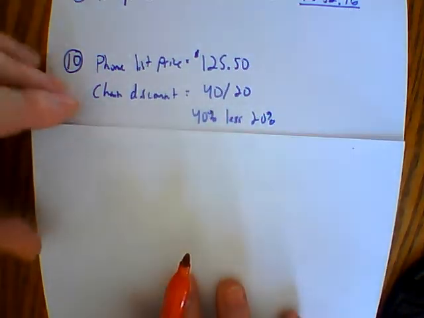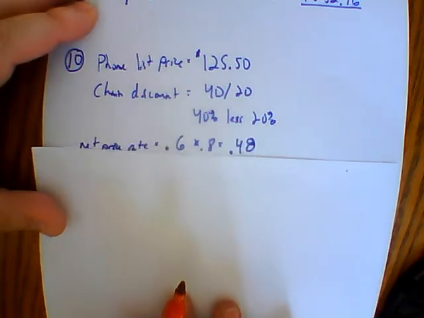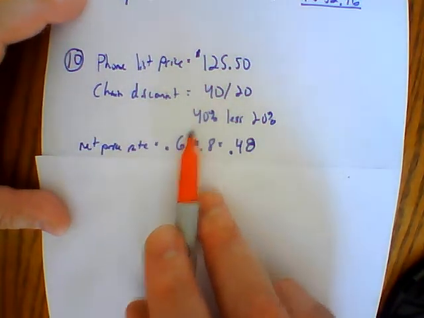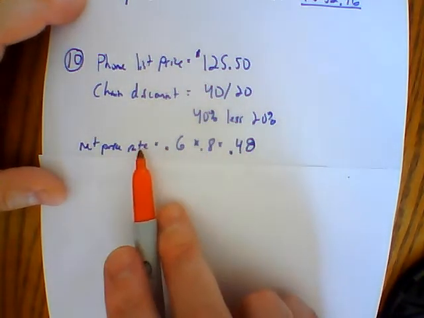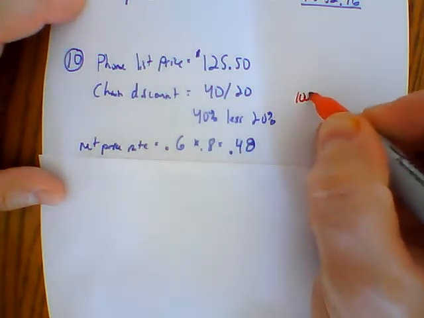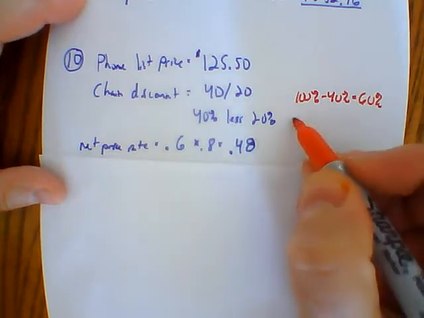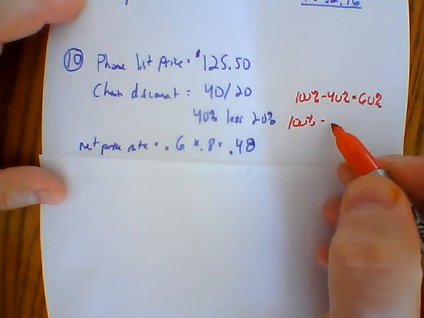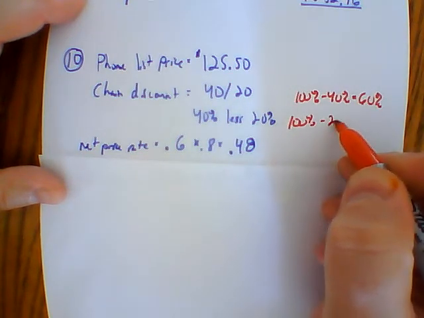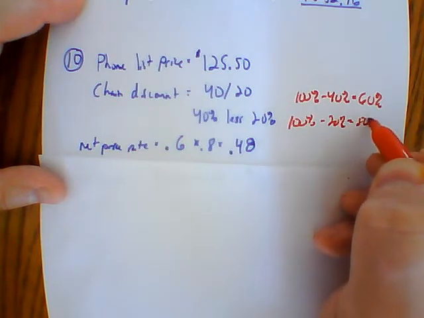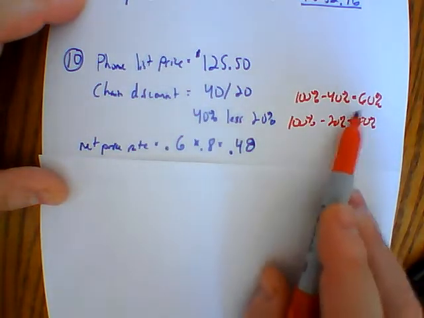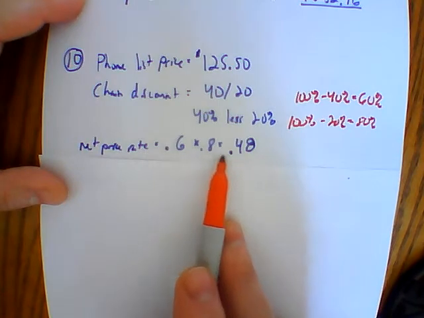We want to find the net price overall, so we start by finding our complements. 100% minus 40% is 60%, and 100% minus 20% is 80%. That's where this 0.6 times 0.8 comes from.